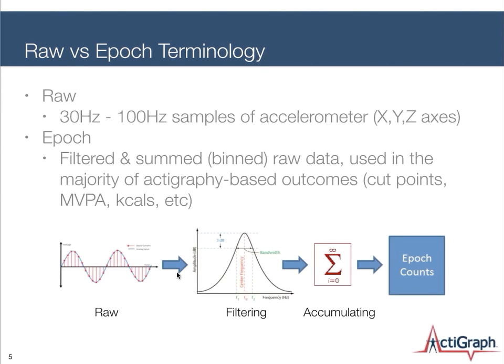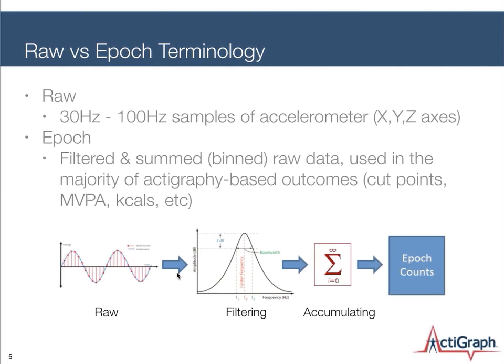I've got a small graphic that re-emphasizes what I mean here. The raw data, once it is sampled, filtered, and accumulated, then becomes an epic count version, a much smaller, very compressed amount of data compared to the raw data. And just to give you some context, it becomes obvious when you look at this graph why it's a challenge to get this raw data.